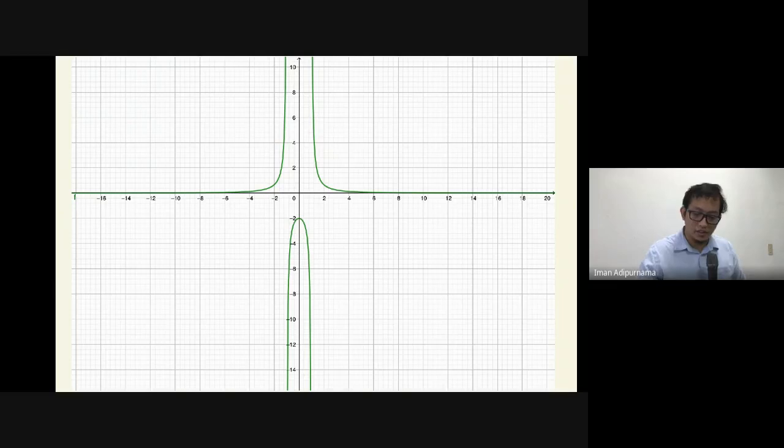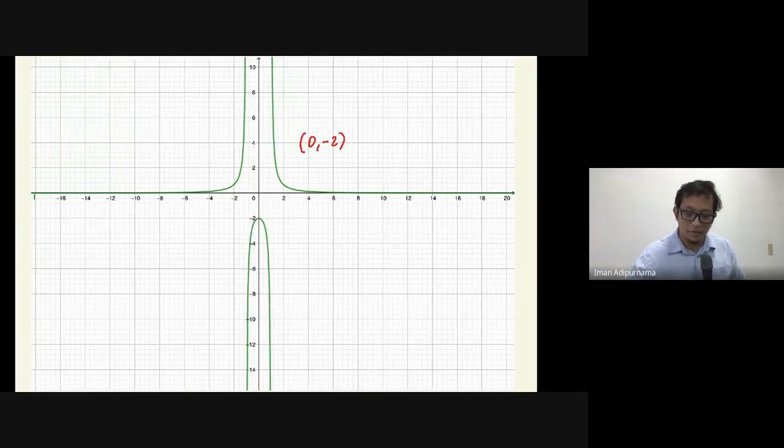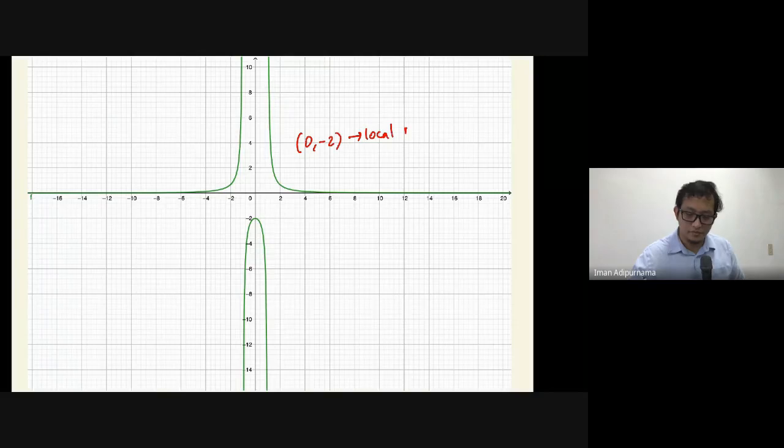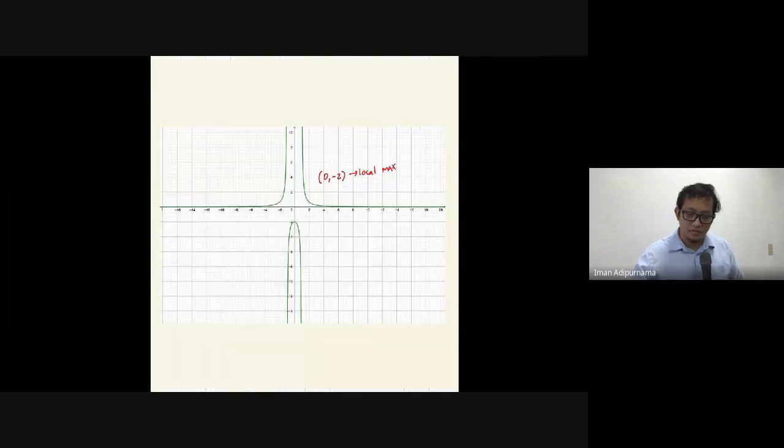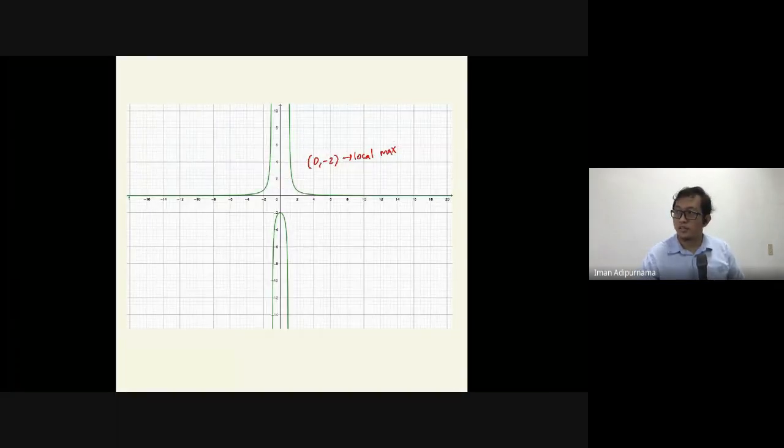So you can write that (0, -2) is our local max, because we couldn't determine the absolute one, right? Because it's going infinitely at x equals -1 and 1.